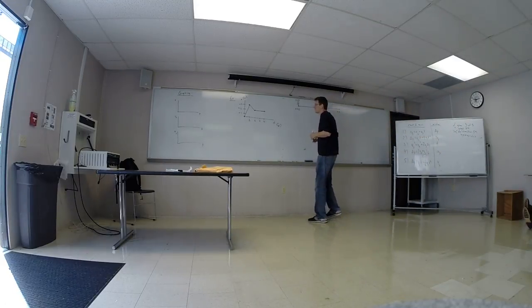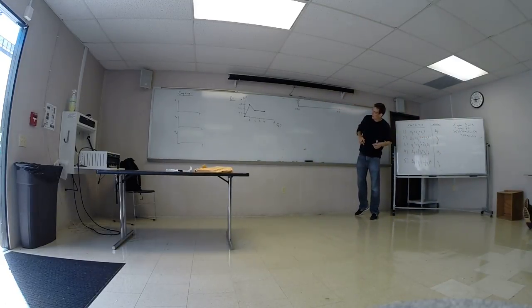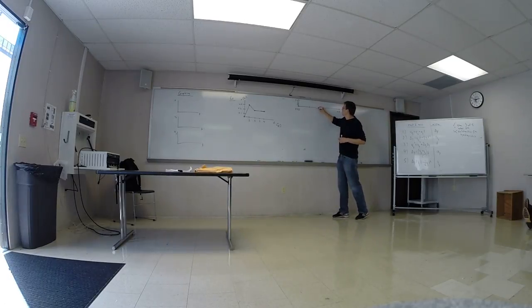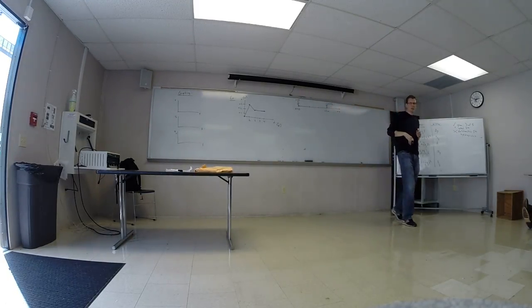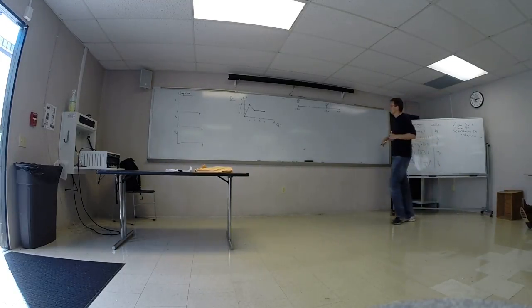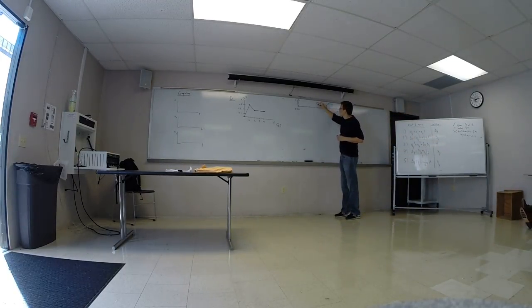Then after 1 second, where am I? 3. I'm over at 3 meters. Then after 2 seconds, I'm at 2 meters. And then I stay there. So I'm there from 2 to 5 seconds.